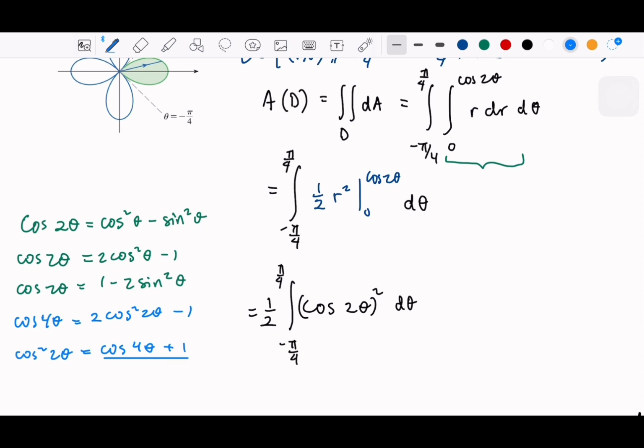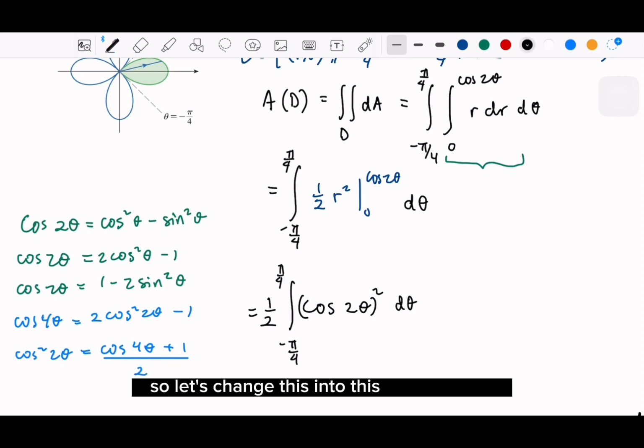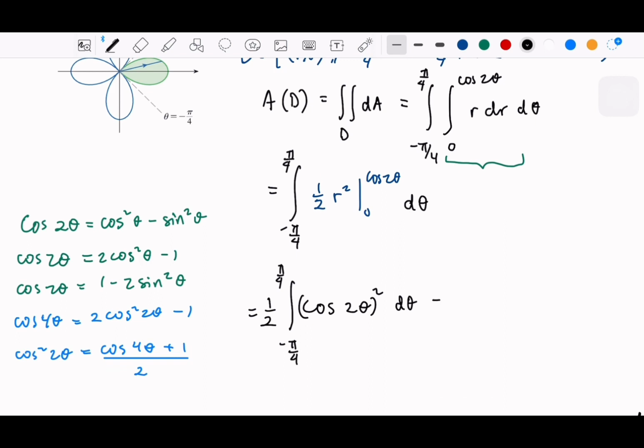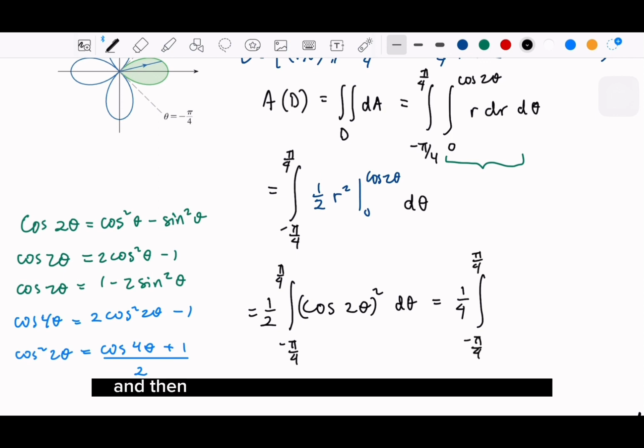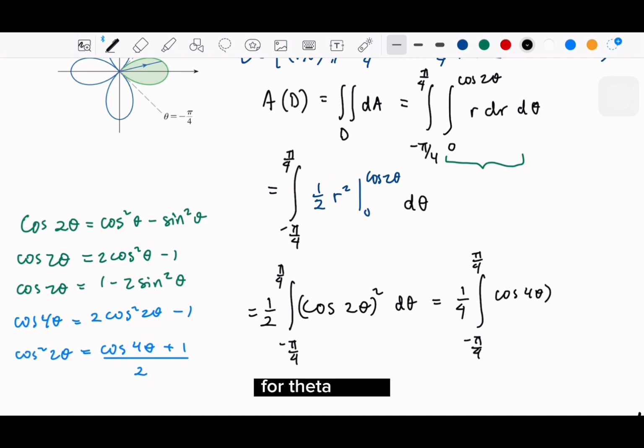So let's exchange this into this double angle. The half I will multiply outside, so it becomes 1/4. And then the whole thing, I will exchange with cosine 4 theta plus 1, and it will be nicely integrated, right?